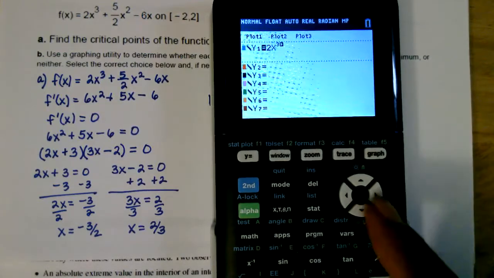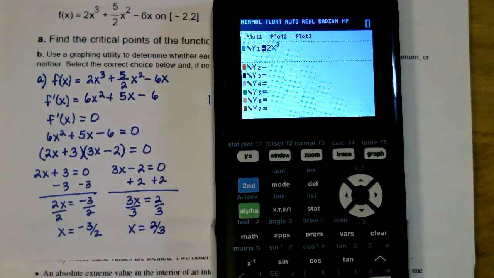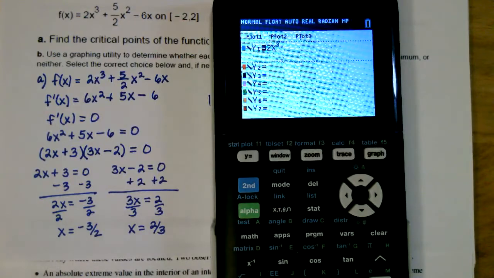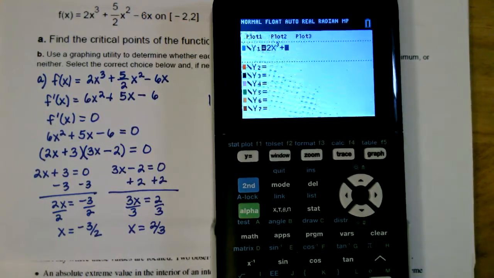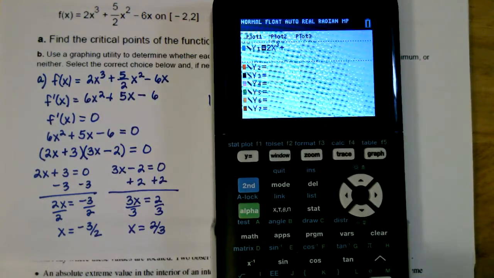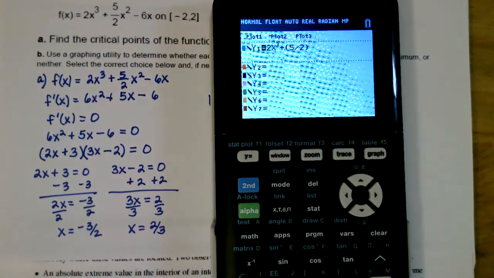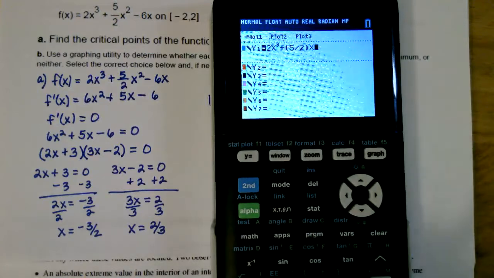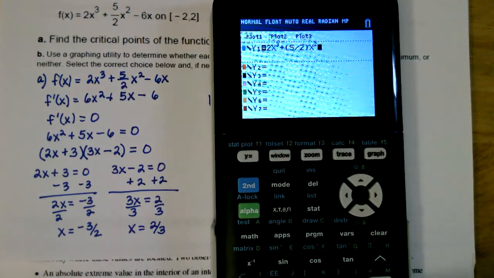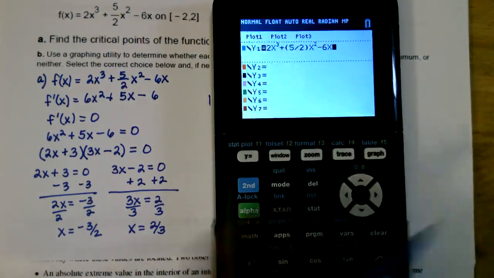Press the hat key and then type in 3. Use the right arrow key to get out of the exponent part, and then plus. Let me put 5 halves in parentheses. So I'm going to do left parenthesis 5 divided by 2, close parenthesis, and then get the x and then square it, minus 6, and get the x.